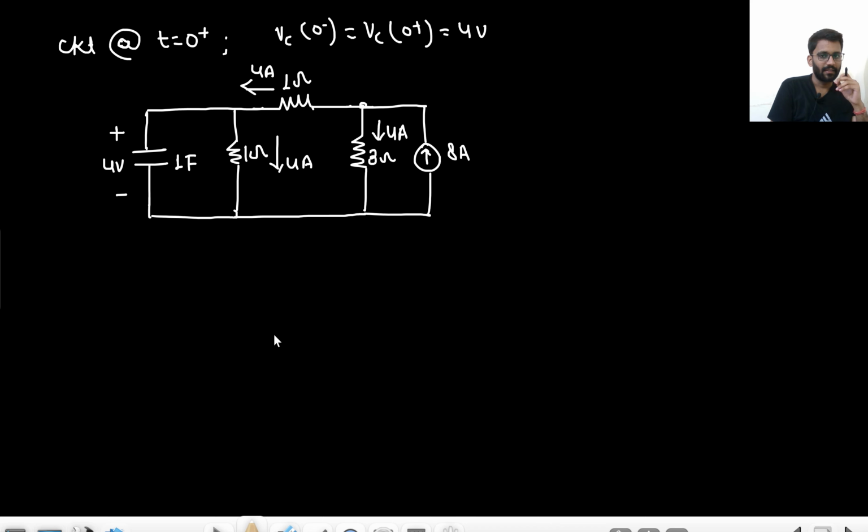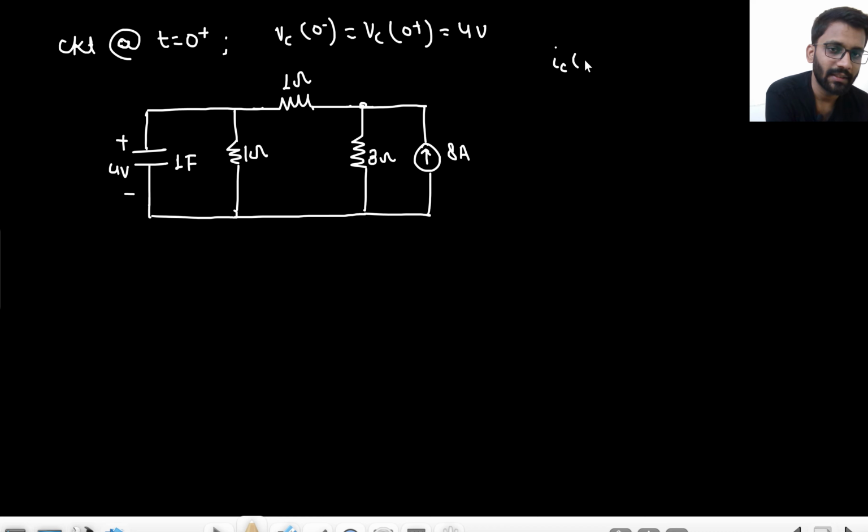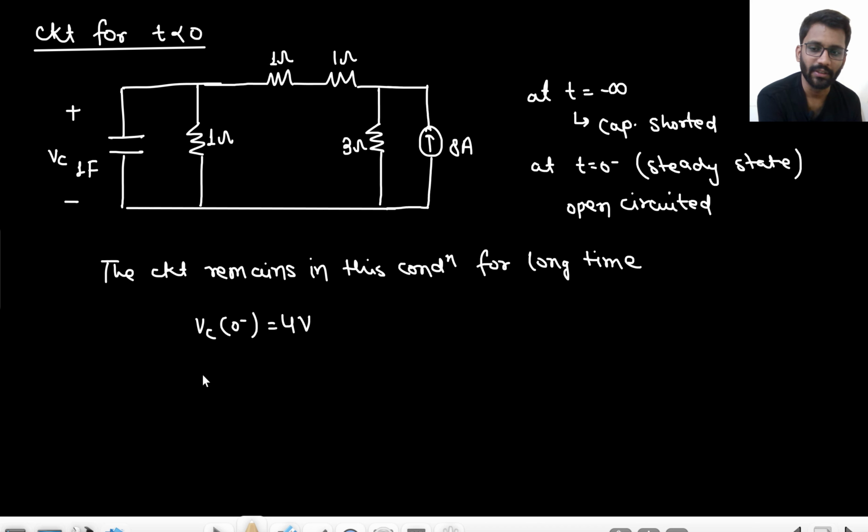No, this is not correct. Why so? Because even the capacitor will have some current. Although at 0 minus this was 4 volt only. IC 0 minus was 0 ampere, because the capacitor will be open circuited and steady state would have been reached.